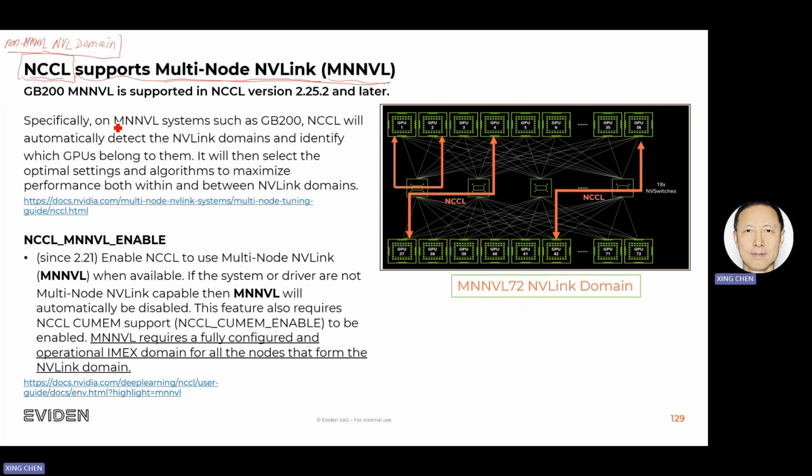And then specifically on MNVL systems such as GB200, NCCL will automatically detect the NVLink domains and identify which GPUs belong to them. It will then select the optimal settings and algorithm to maximize performance both within and between NVLink domains. Okay, so it works, no problem.